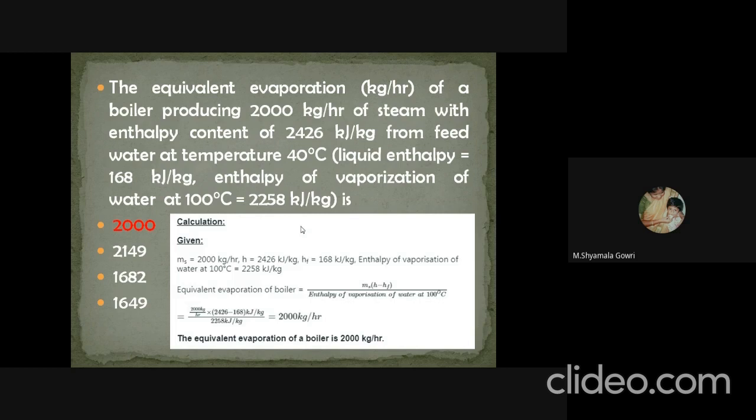Enthalpy of evaporation of water at 100 degrees Celsius is 2258 kilojoules per kg. The answer is, we have a formula, equivalent evaporation of boiler is equal to ms into (H minus Hf) divided by the enthalpy of vaporization of water at 100 degrees. When you substitute the values, you will get 2000 kg per hour. This is the answer.